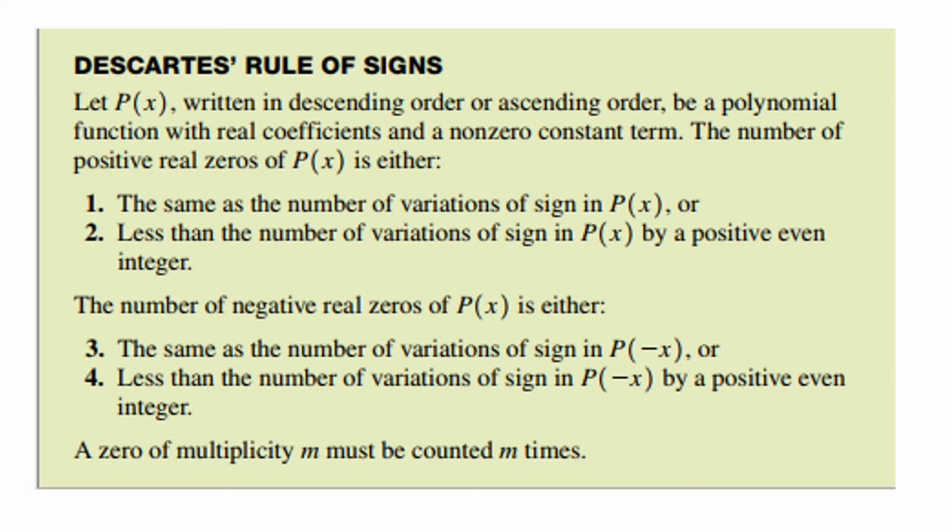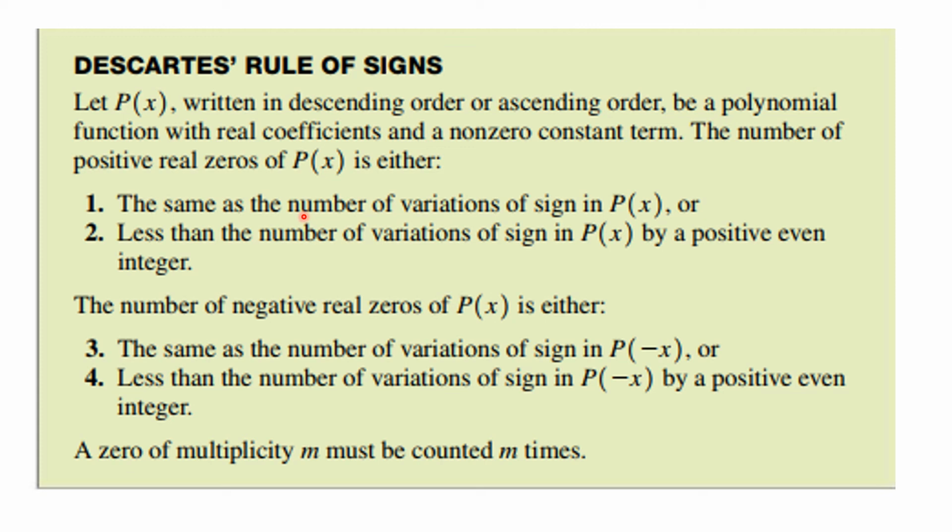Now I'm going to quote Descartes' rule of sign. Suppose you have p of x written in descending or ascending order, a polynomial with real coefficients and a non-zero constant term. If there is a zero constant term, you factor the x out first, and we'll have an example like that. The number of positive zeros is either the same as the number of variations of sign in p of x, or less than that number by a positive even integer until you get down to 0.